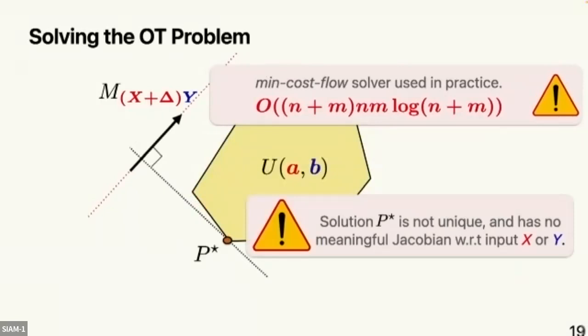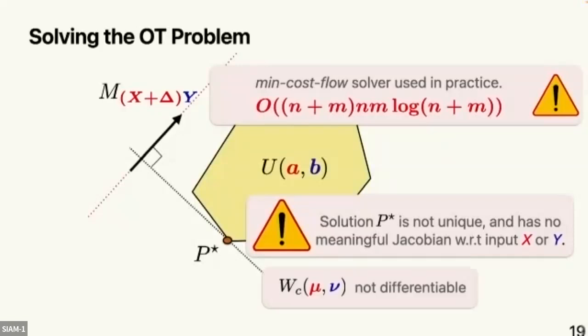What this adds as a challenge is that if you are planning to use those optimal assignments or optimal matrices in more advanced machine learning pipelines, what you're left with is a P star which has no meaningful Jacobian with respect to the inputs x or y. By no meaningful Jacobian, I mean that I perturbed x a little bit for a while and P star didn't change. Therefore, the Jacobian of P star with respect to x was 0. And then all of a sudden it jumped to a different solution, so it became infinite.